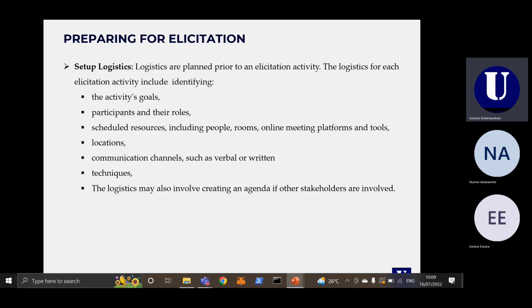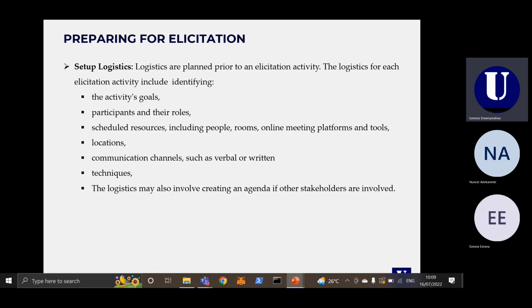And this is what I do, basically, whenever I want to elicit requirements, especially if it's an external client, even an internal client as well. I draft out an agenda and then I prepare a mail and send it to the clients.